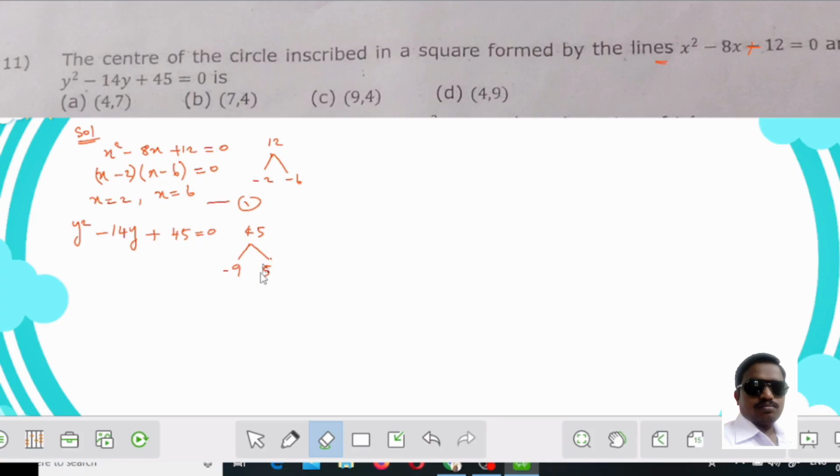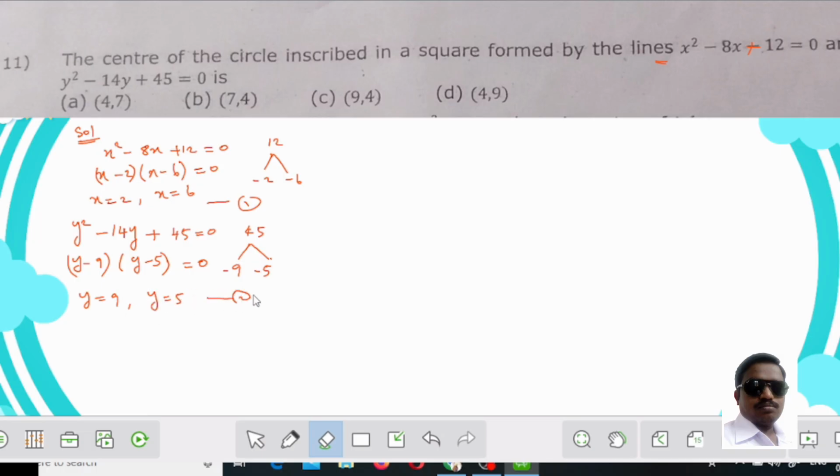You put both numbers as minus. While multiplying minus 9 and minus 5, we will get plus 45. While adding this, you receive minus 14 as the answer. So the factors are (y minus 9) into (y minus 5) equal to 0. So the straight lines are y equal to 9 and y equal to 5.